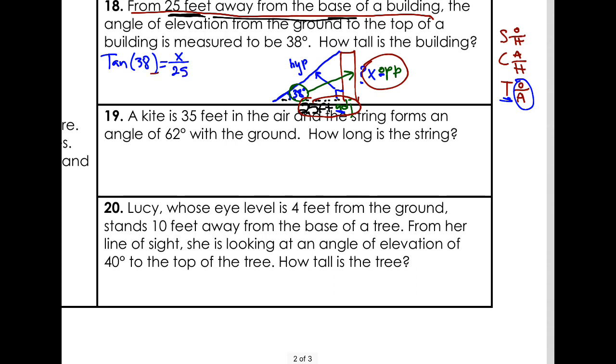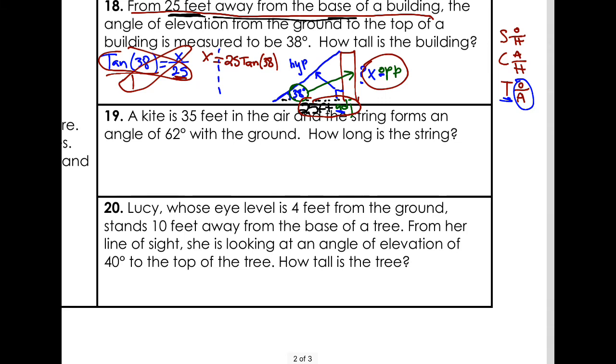So just as we did before, we set it up to cross multiply. So 1 times x is just x. If we multiply the other way, this is 25 times the tangent of 38. Remember, you want to put the number in front of the trig function. Notice that the x is already by itself on one side of the equal sign.